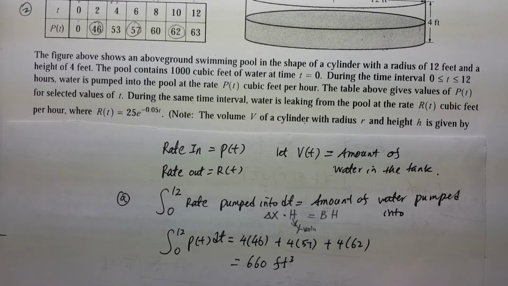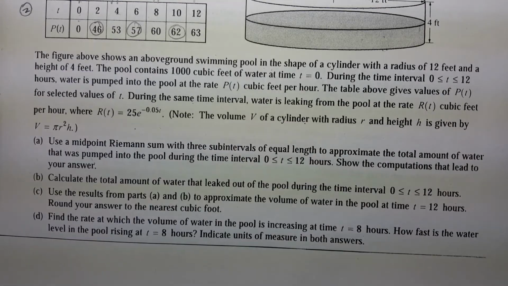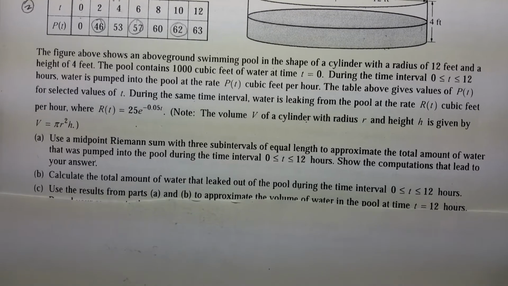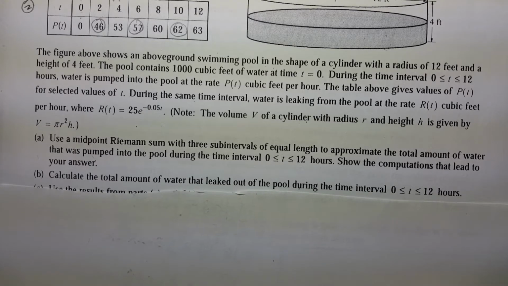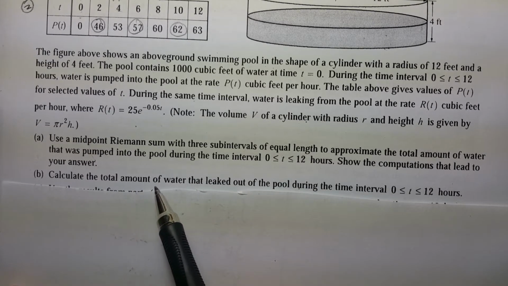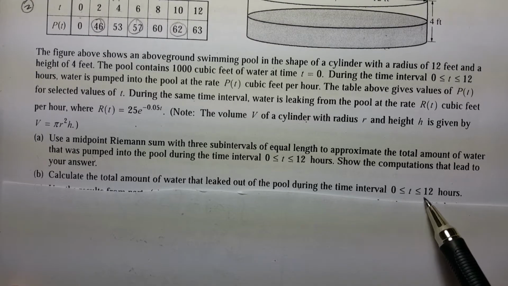So we finished question number 2A. Let's take a look at B. Part B says to calculate the total amount of water that leaked out of the pool during the time interval 0 to 12.